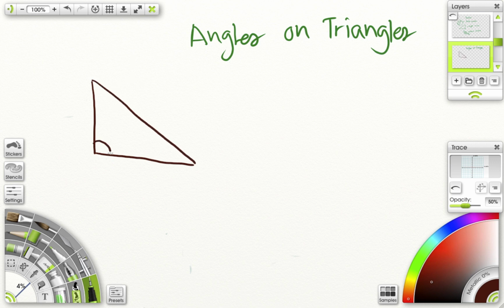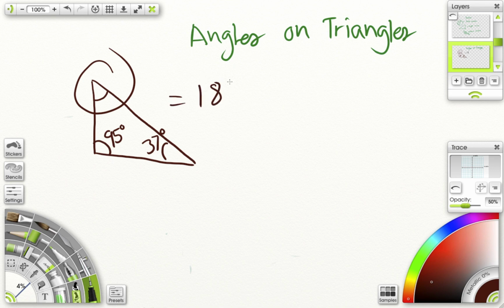So we have 3 angles. I'm going to give us this one, which is 37 degrees. This one is 95 degrees. We have to find this missing angle. All right, so we know our triangle equals 180 degrees. I need to find this missing angle.